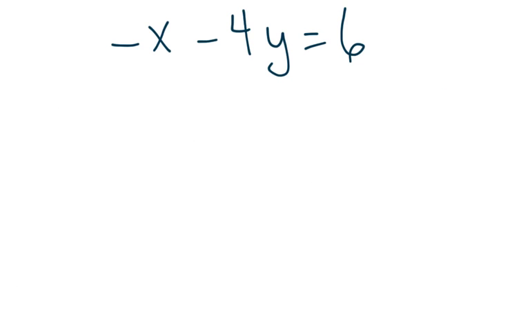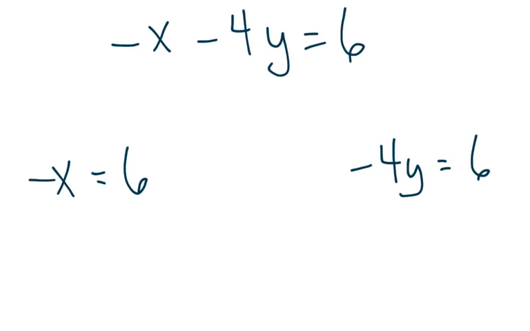Alright, so we're going to have 2 equations, negative x equals 6 and negative 4y equals 6. Again, I took this one away to get the first equation, and then I took this one away to get the second equation. And if you think about it, this is negative 1x.